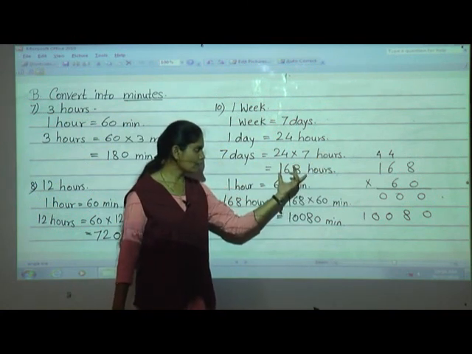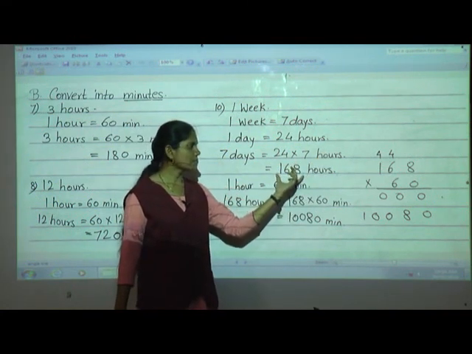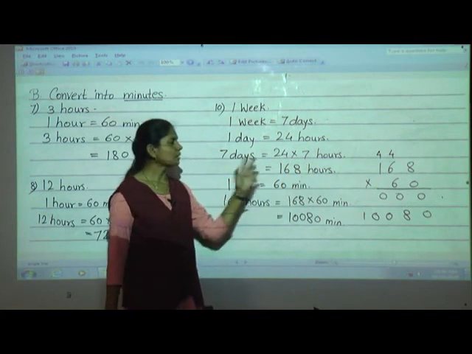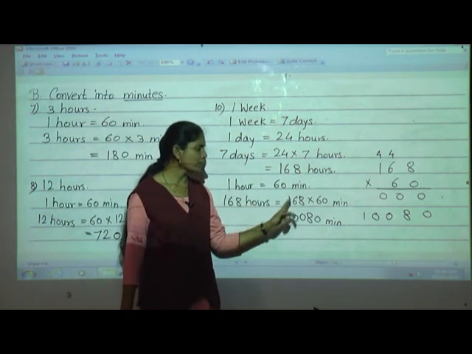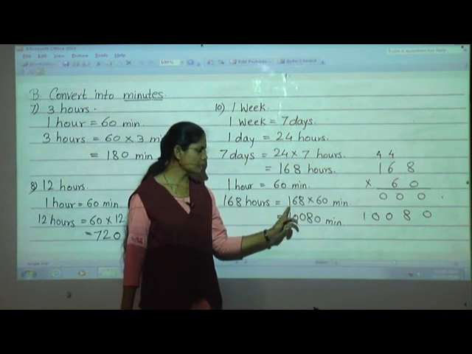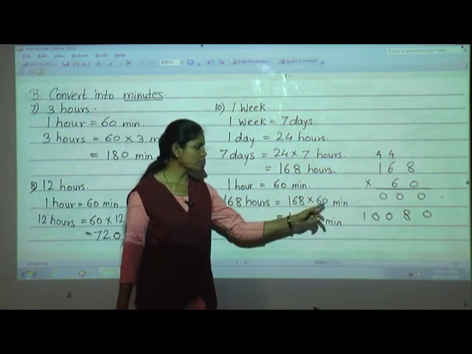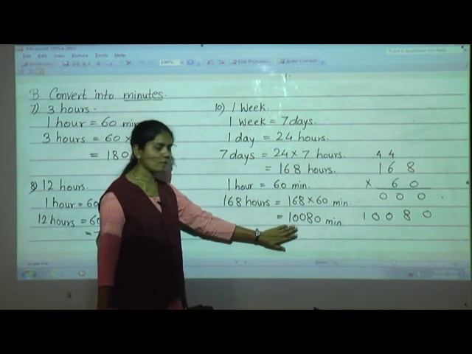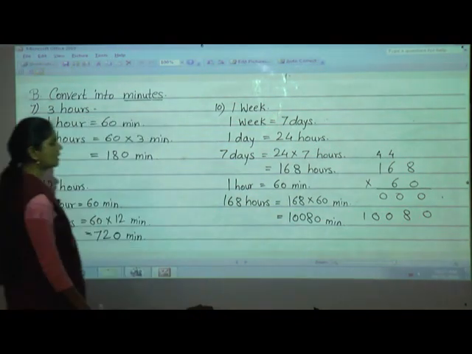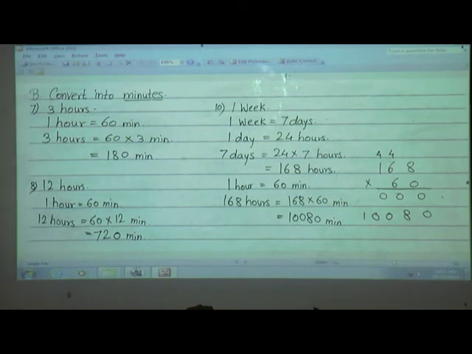Now whatever figure we will get, that is 168, that we will convert into minutes. So 1 hour is equal to 60 minutes. Then here we will do the multiplication, that is 168 into 60. After multiplication, here we got the final answer, that is yes, 10,080. Okay, understood?